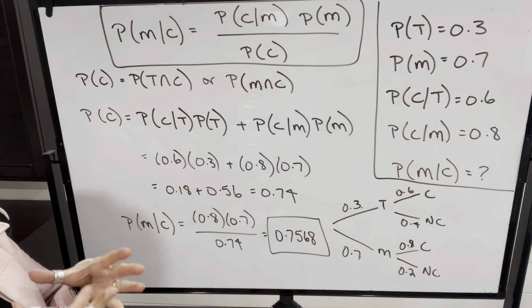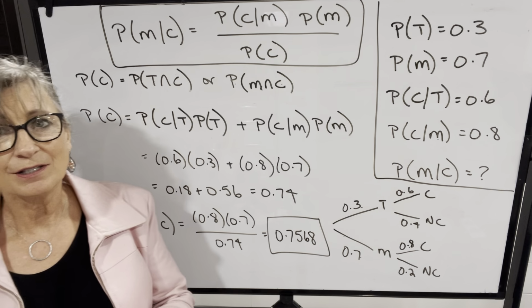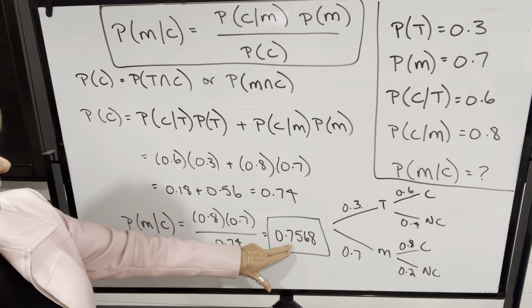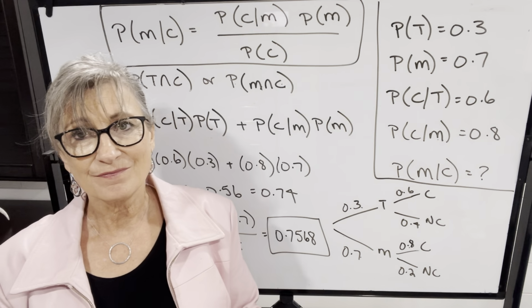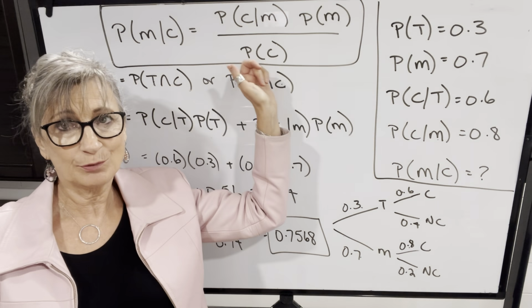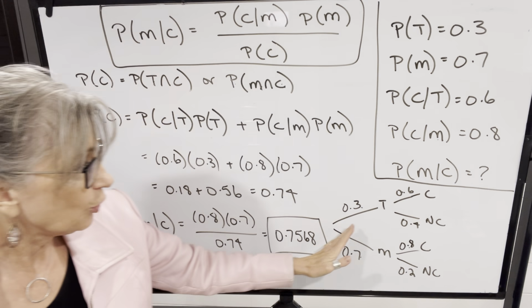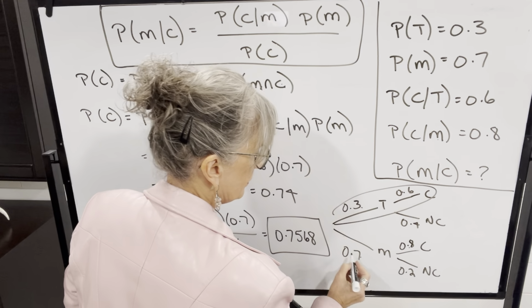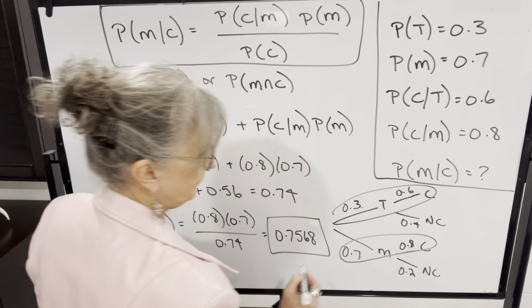So if we know that Sam got the question correct, what's the probability that it was a multiple choice question? 0.7568. The most difficult part of this question is probably finding the probability of correct. But hopefully that tree diagram can help you calculate that probability.